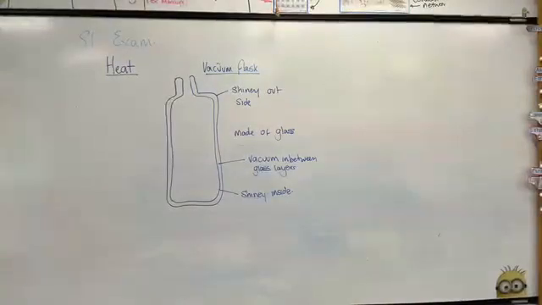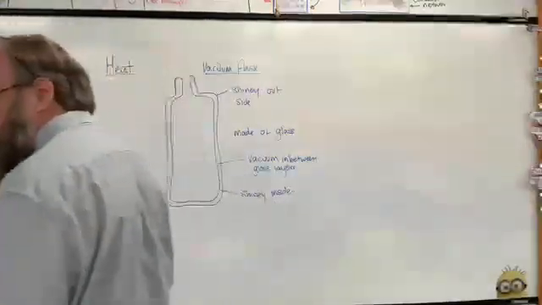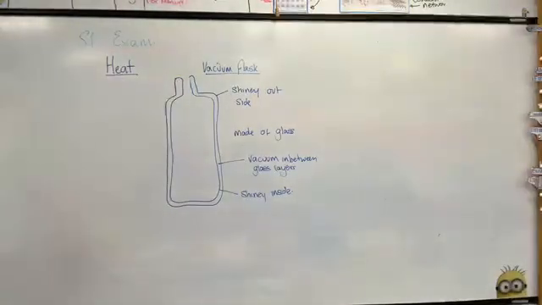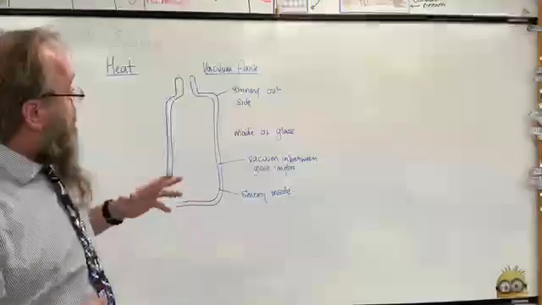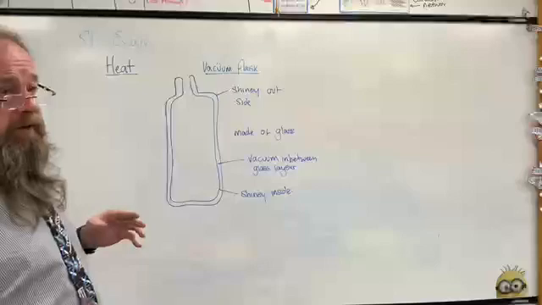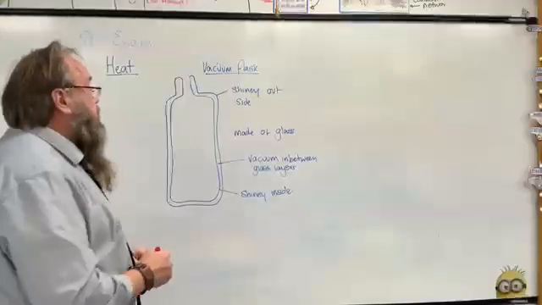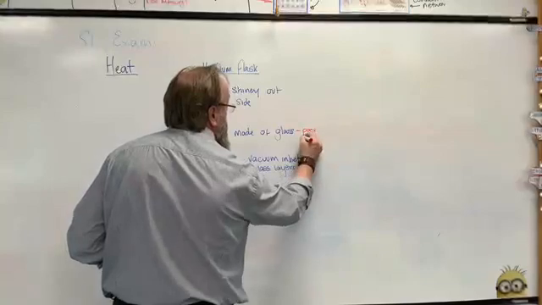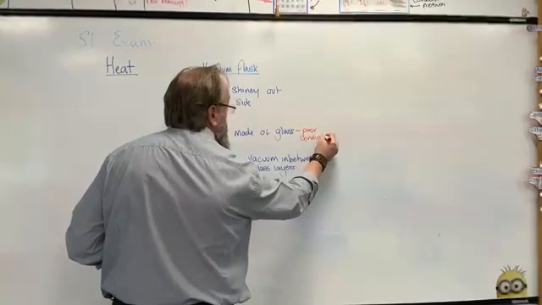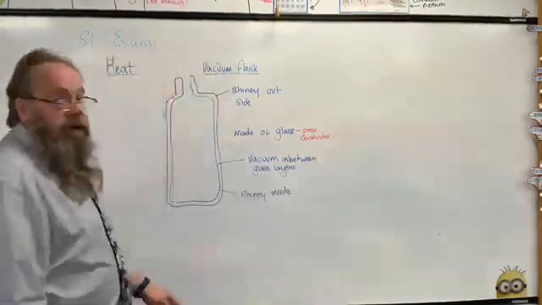We have on the board a fantastic drawing, as you can see, of a vacuum flask. Now the outer of a vacuum flask, steel or plastic, the inside is made of glass. This is because glass is a poor conductor of heat.